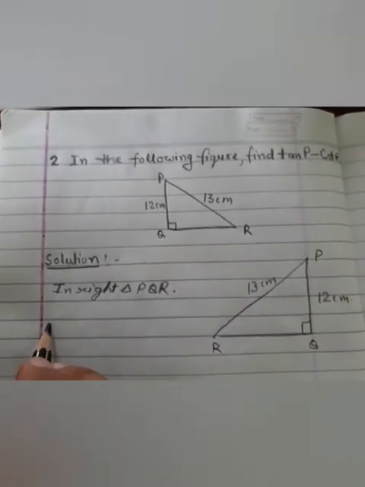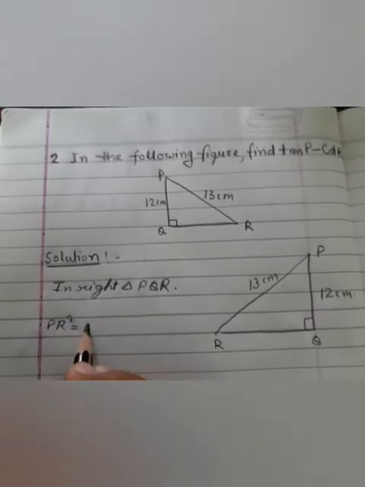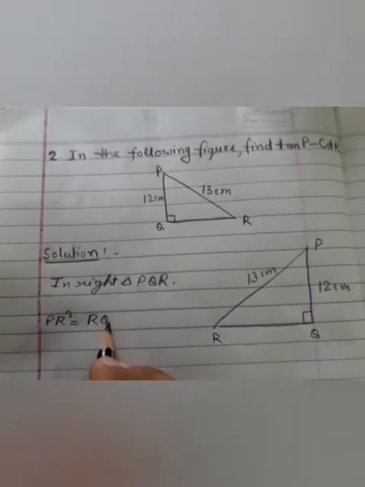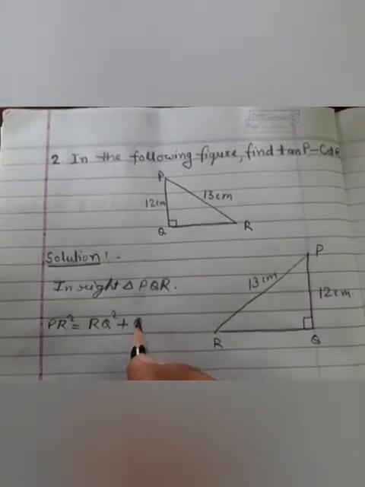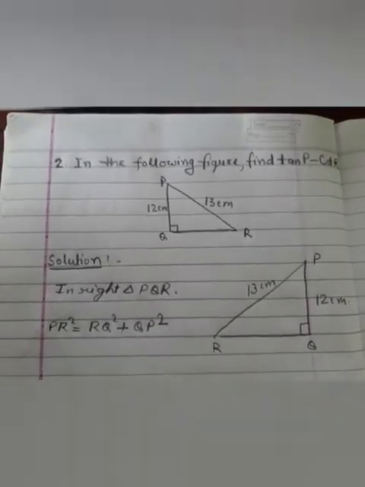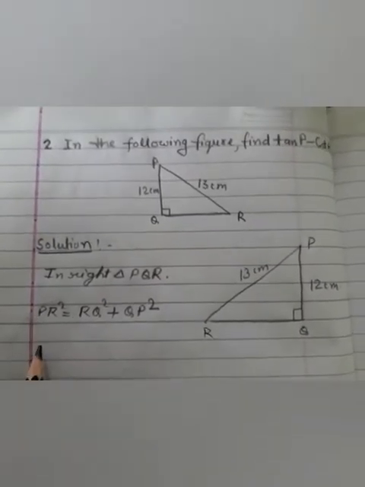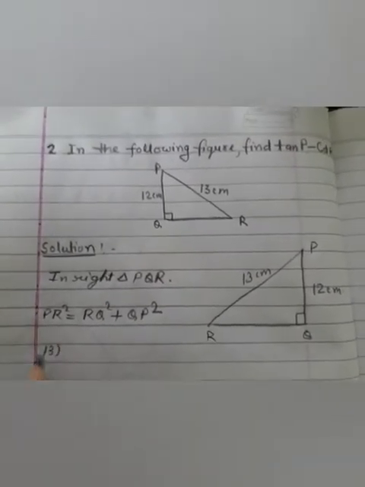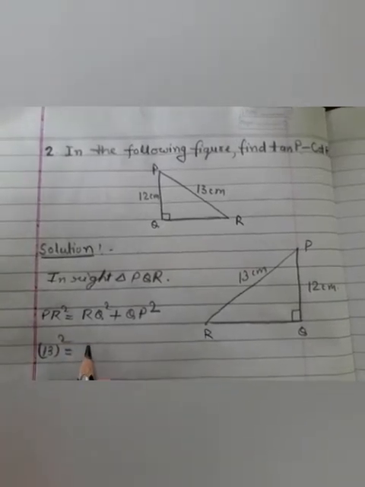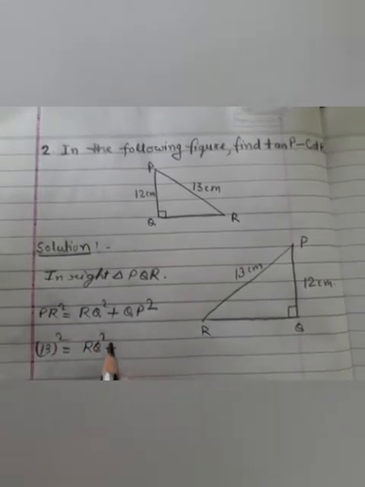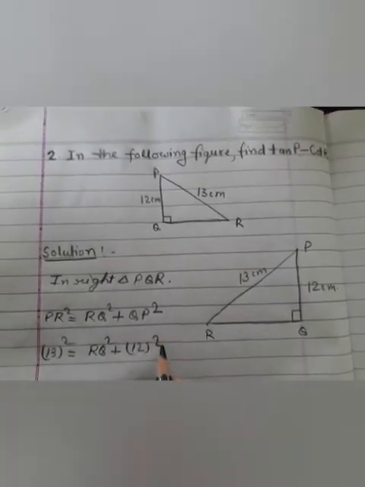PR square is equal to RQ square plus QP square. Now PR is given that 13 whole square, and we find here RQ square plus QP square, QP is given that 12 whole square.